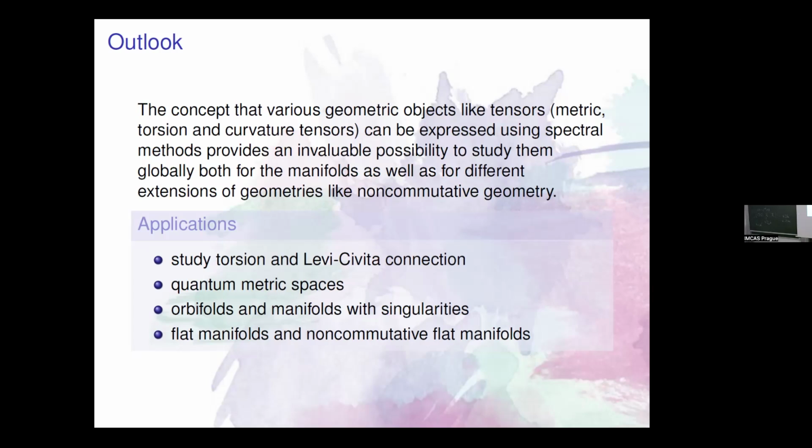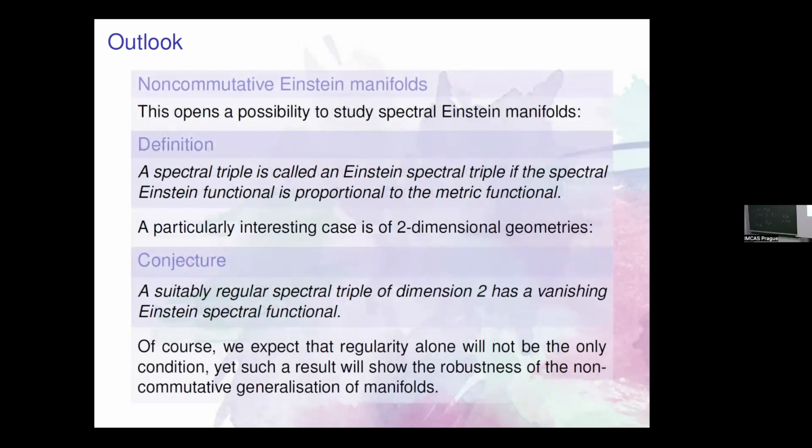Then there is the question of flat manifolds. You can say what flat means. You can say what Einstein means. So this is another thing. We have, for instance, a conjecture, where I stress suitably regular, because we don't know what the condition would be. Our conjecture is that a regular spectral triple of dimension 2, with possibly some extra conditions that we don't know yet, has a vanishing Einstein spectral function.